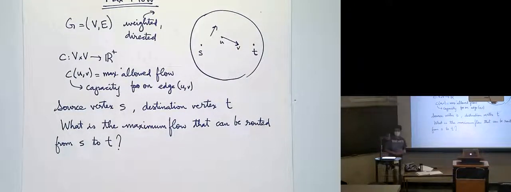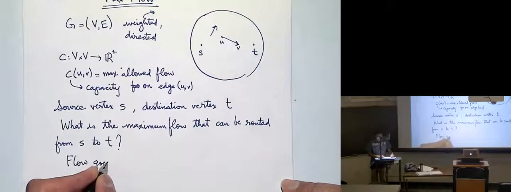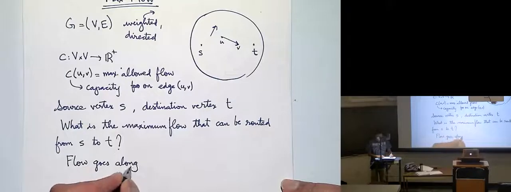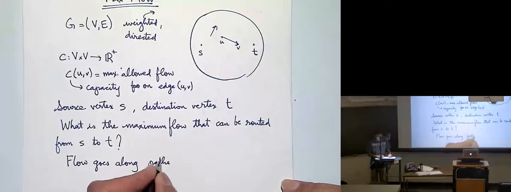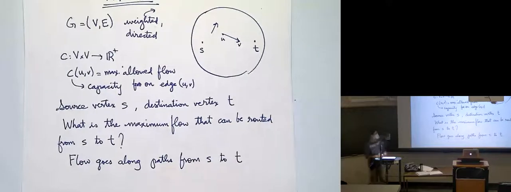Does the question make sense? Another way of looking at it, flow goes along paths from S to T.